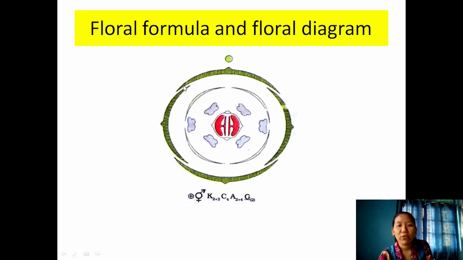While drawing, we also show the aestivation here. This appendage is completely out, this is completely in, this side is in, and this edge is also in. So this is a representation of the floral formula and diagram for the Brassicaceae family.